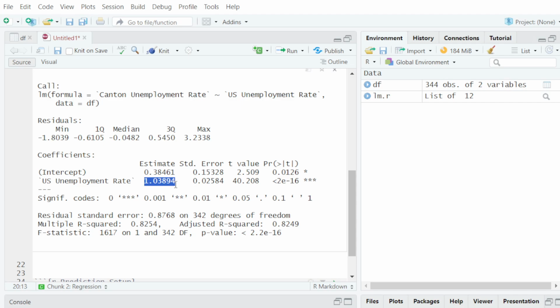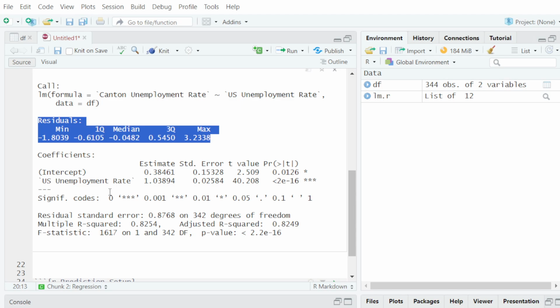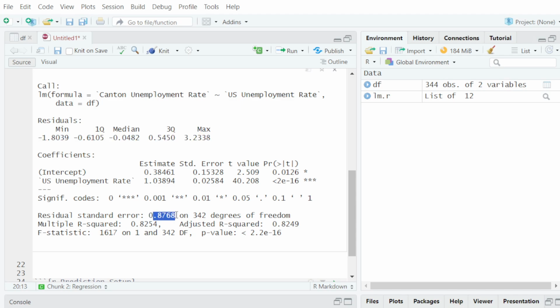You can use a simple calculator for that. But the problem is that we know that there are errors around that. That's what the residuals up here tell us. And then the standard error can be used to come up with what is the interval around that prediction that we're pretty sure we're going to be within.